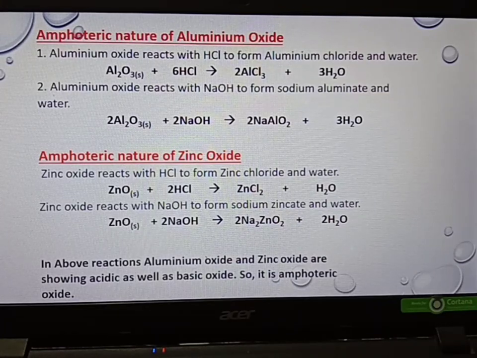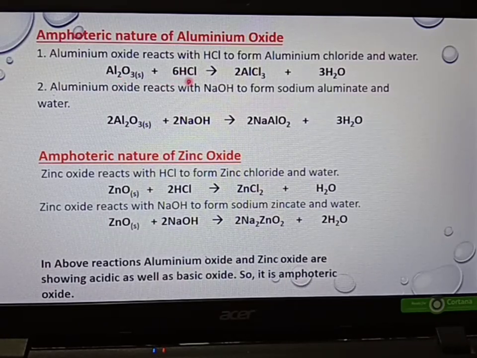Amphoteric nature means the oxide will show acidic as well as basic characteristics. That means if I take aluminium oxide here and add HCl to it, it will give me a reaction. And when I take this aluminium oxide and add a little base to it, it will also show me a reaction.